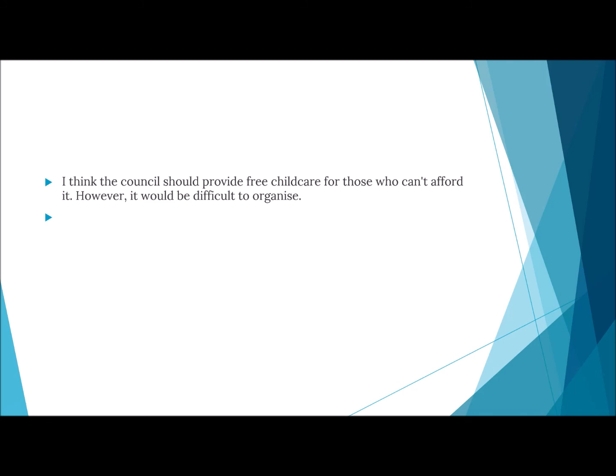There's a couple of things to comment on. One is, I think the council should provide free childcare for those who can't afford it. That bit is fine, no problems there. However, it would be difficult to organise. And again, structurally, there's absolutely no problem. However, contrast with the bit before. We've used the comma after however, which is correct.